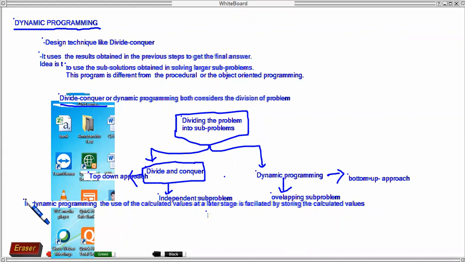We'll take the LCS problem to solve this. We can show how it stores the calculated values in a table.